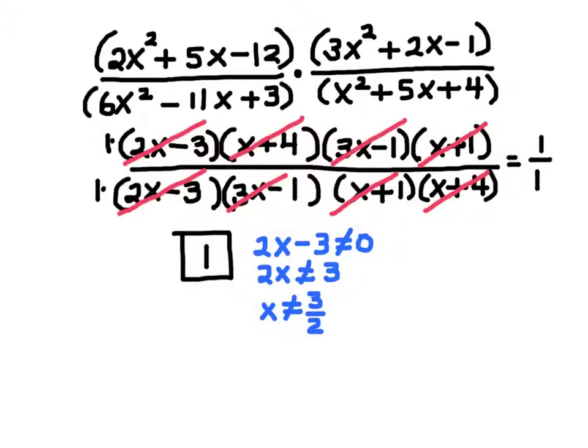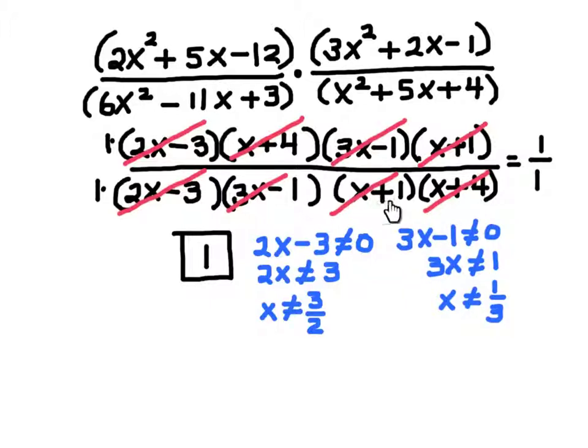Looking at our next binomial, 3x minus 1, well, 3x minus 1 cannot equal 0, which means that 3x cannot equal 1, which means that x cannot equal 1/3. Okay, there are two more. We have x plus 1 and x plus 4.